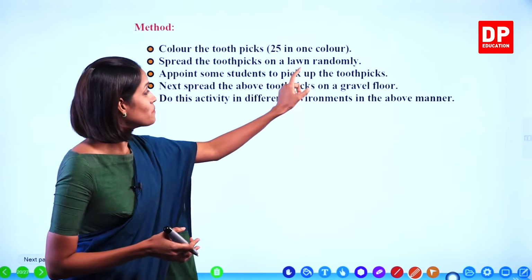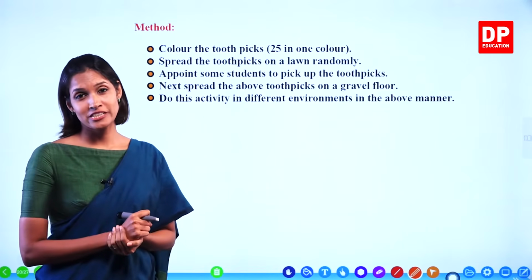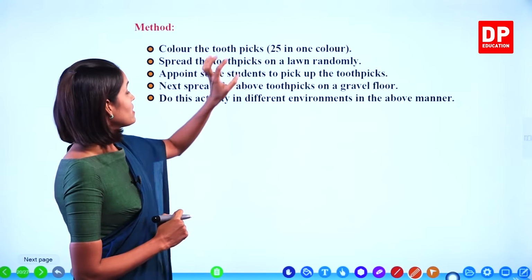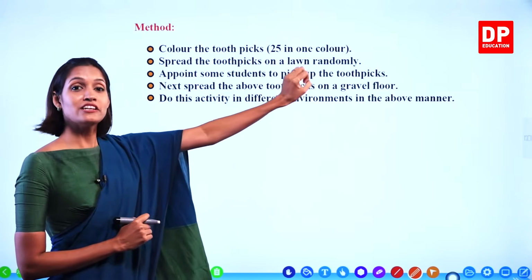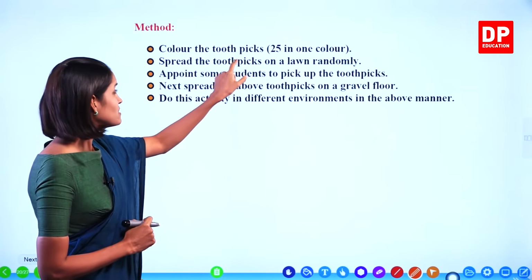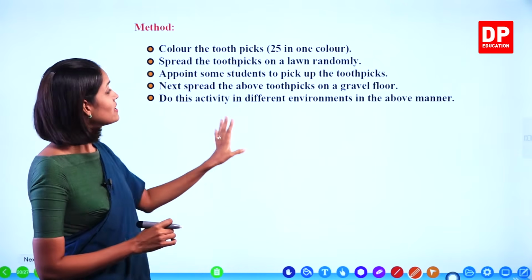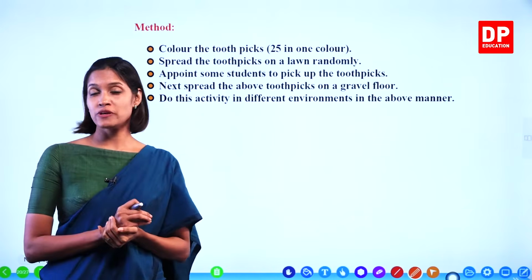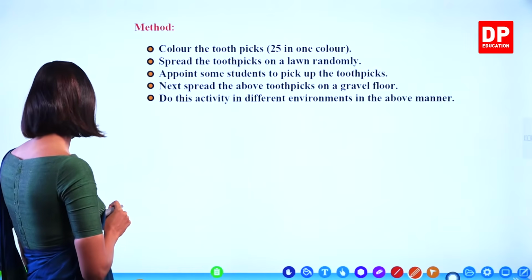This time brown color toothpicks were picked in the least number. Okay, children. So it was very clear that when the toothpicks are on the lawn, which means the green environment, the number of green color toothpicks picked was the lowest, and when the toothpicks were on the gravel floor, the number of brown color toothpicks picked was the lowest, right? So we will write that.